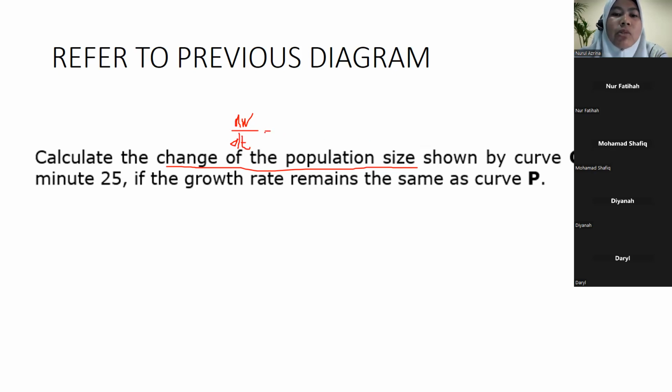Okay, cuma you tak tahu nak guna yang mana satu ni. Equals to rN ke? rN (K minus N) over K ke? Kan, you tak tahu. Okay, so calculate the change of population size shown by curve Q at minute 25, if the growth rate remain the same as curve P.